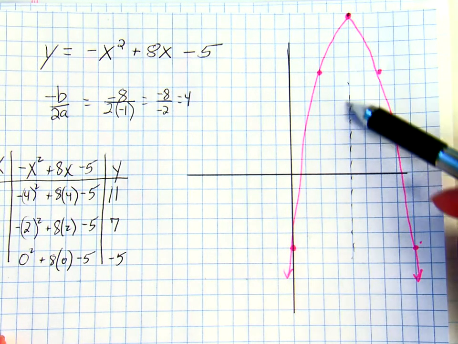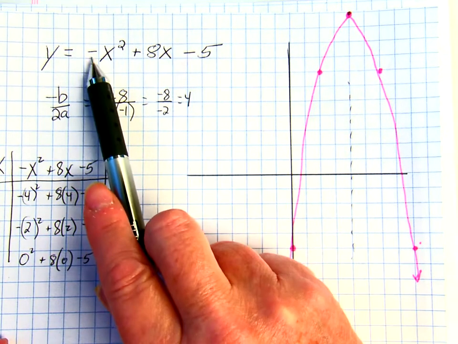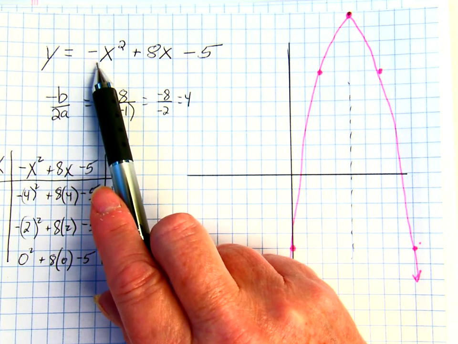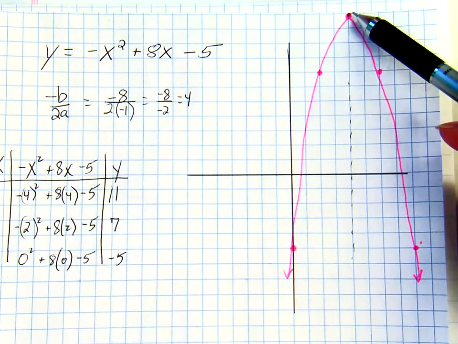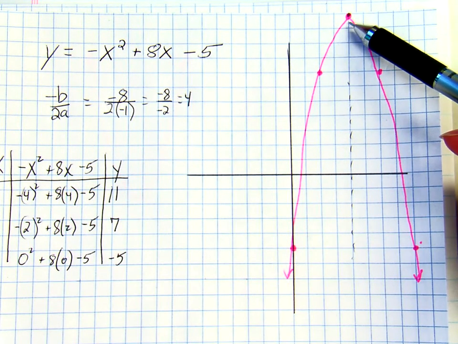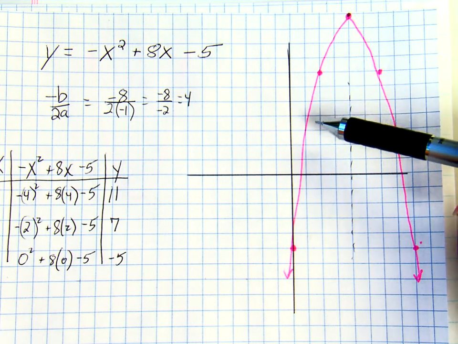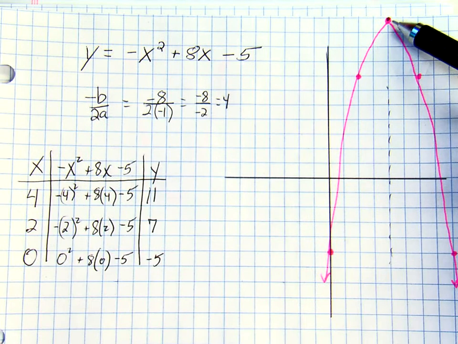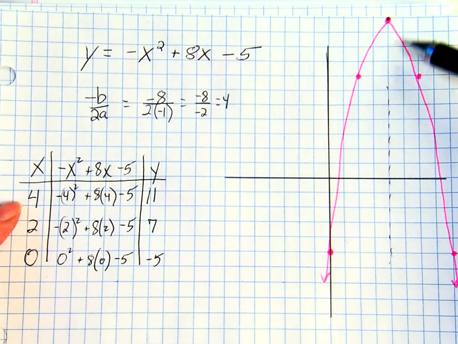knowing that this is my axis of symmetry and understanding that my quadratic is negative for my a. That means that I'm going to have a maximum for my vertex rather than a minimum, and I will open down. And then, just as I have done before, based on my axis of symmetry, I'm actually going to use the points.